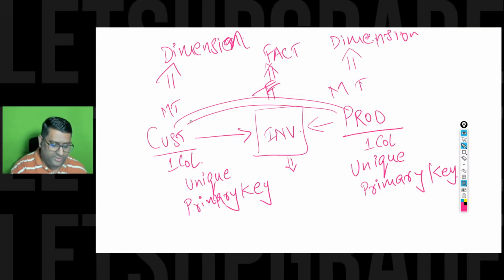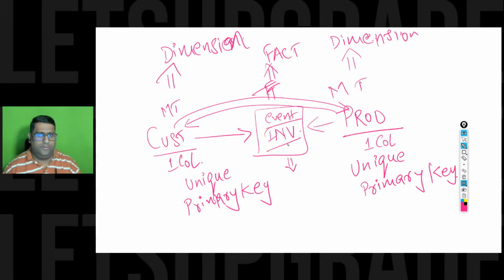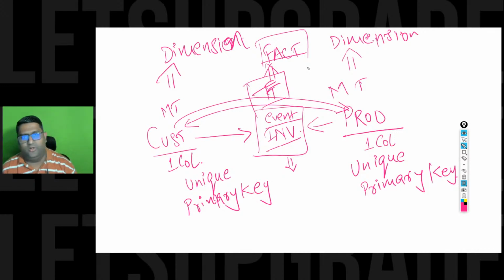Either the product goes to the customer or the customer buys the product. Any of these is going to result in an event, that is the sale. And that sale will be recorded in my invoices table. So that is why it is called a transaction table or a fact table. The reason it is also called a fact table is because it jots down or puts all the facts into one single table.